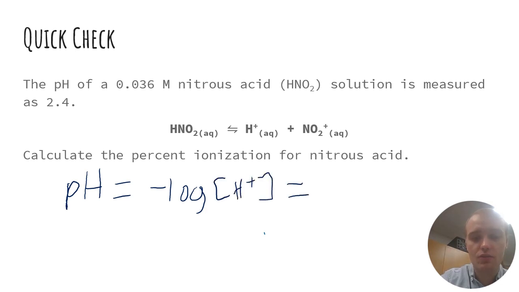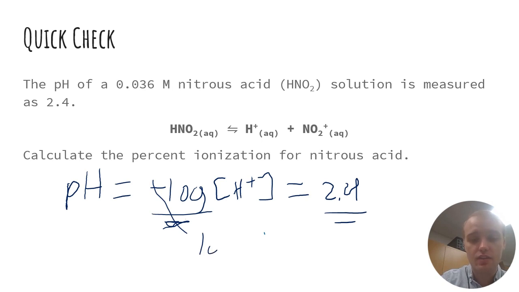That's going to be equal to, in this particular case, 2.4. So I'm going to divide both sides by a negative. It's going to get rid of my negatives there. Log of the concentration of H+ is going to be equal to negative 2.4.